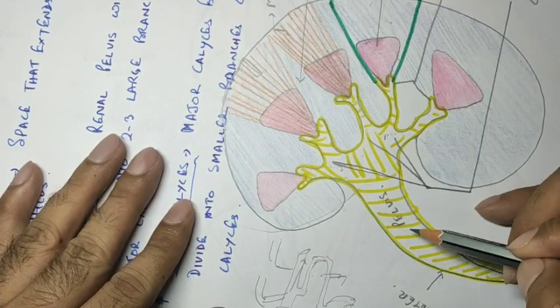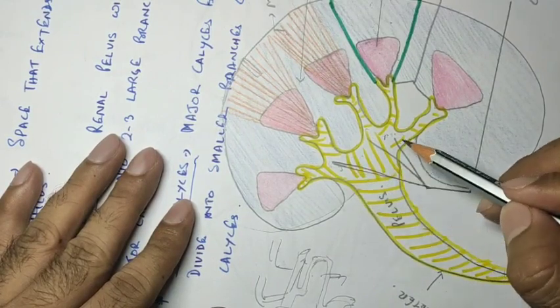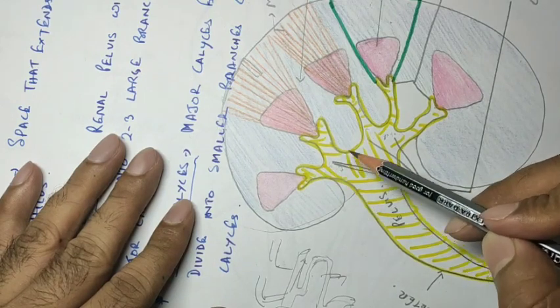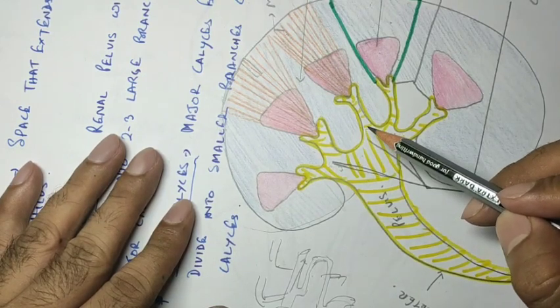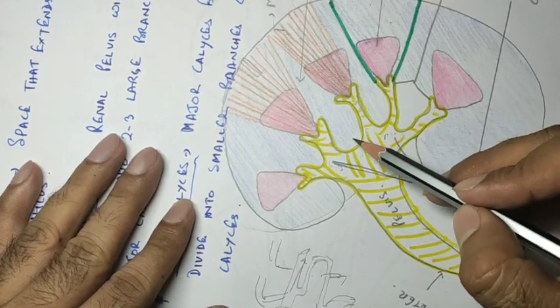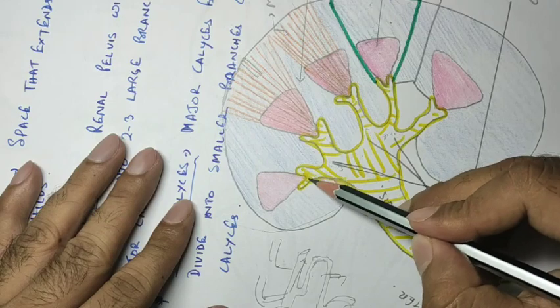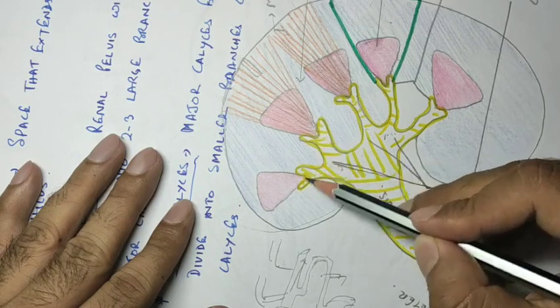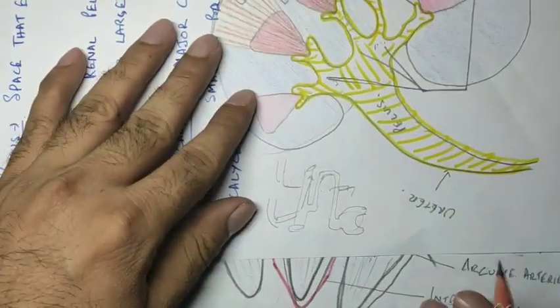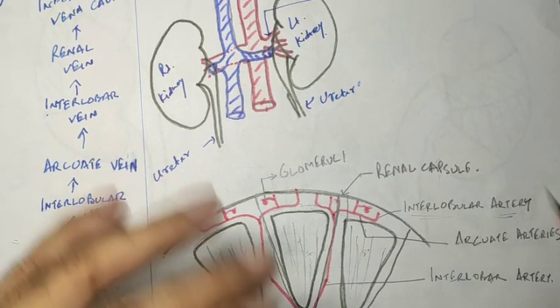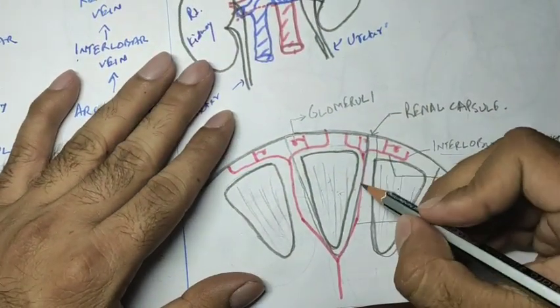So the renal artery will come here, then it will divide into anterior and posterior parts, and then it will divide into segments: anterior, posterior, medial, superior, inferior, like that, and then they will go towards the pyramids, and they will divide, and go in between two lobes.